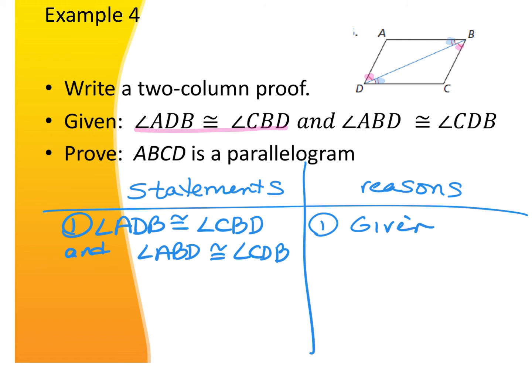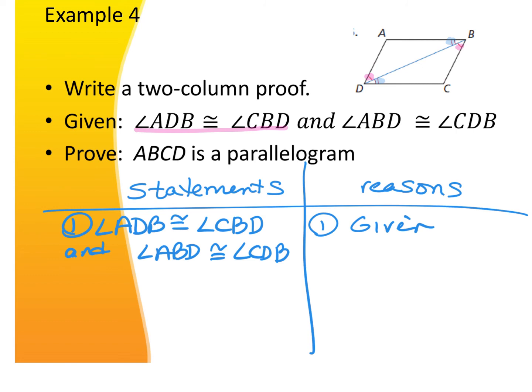Now, I'm reaching back to a prior chapter, and these things that I just highlighted here are actually alternate interior angles. However, what we're going to use is the alternate interior angles converse, which stated that if alternate interior angles are congruent, then the lines are parallel. So that's what I'm using here, because I've already stated that these angles are congruent.